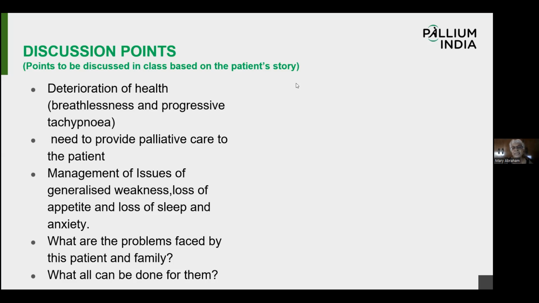If the patient is getting more and more obtunded, then at some point of time you may have to even stop the feeds. In the very terminal stages, I don't think there is any point in feeding much. Even if the feed is being given, it should be very small feeds.